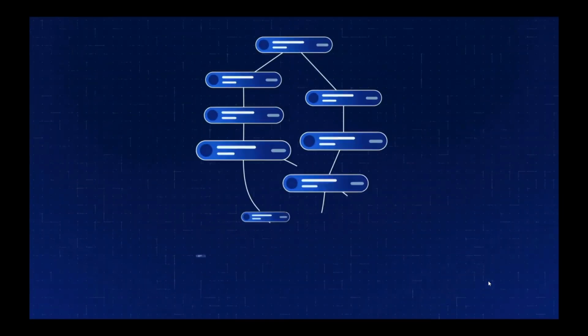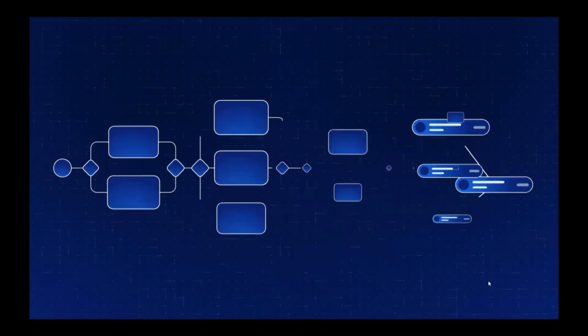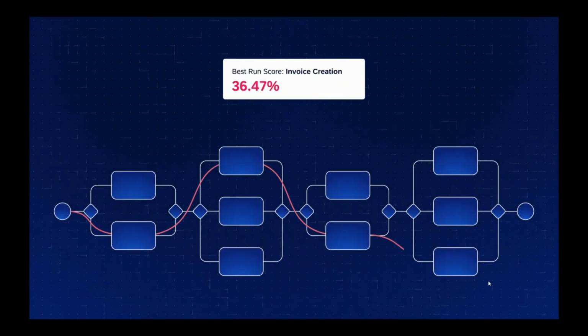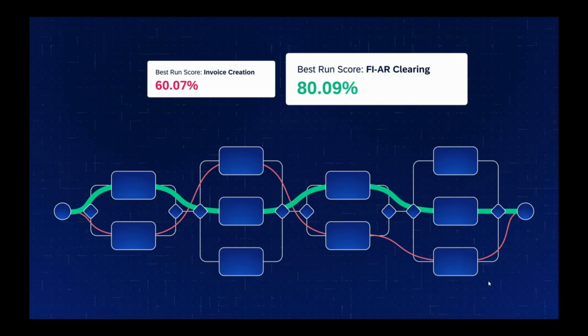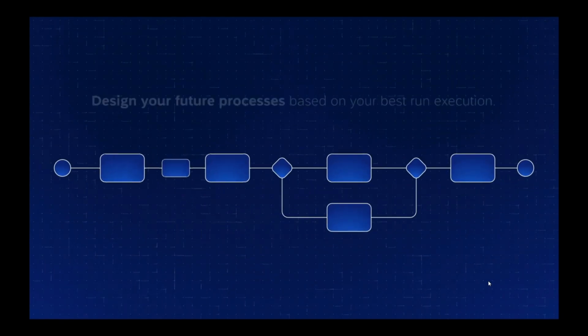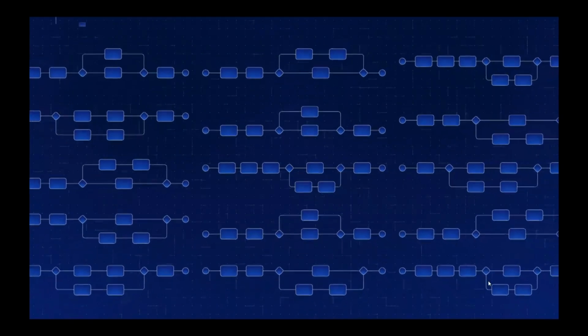But sometimes, you still need to go deeper so that you can learn more about processes of interest. So, that same data is not only analyzed, but now piped automatically within process mining, giving you a more granular analysis of your process performance without any additional effort. From these direct and deep insights, you can design your future processes based on your best run execution. And not just on one process, but simultaneously on almost all of your SAP ERP end-to-end processes.